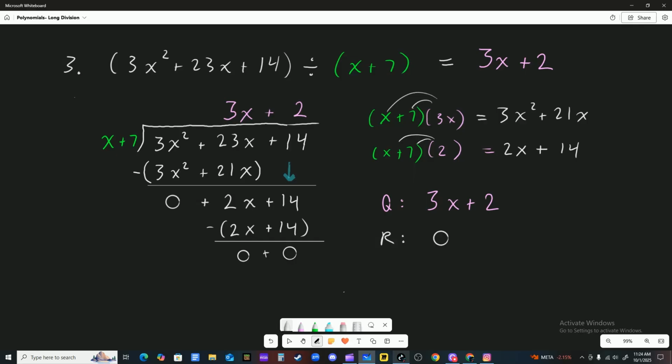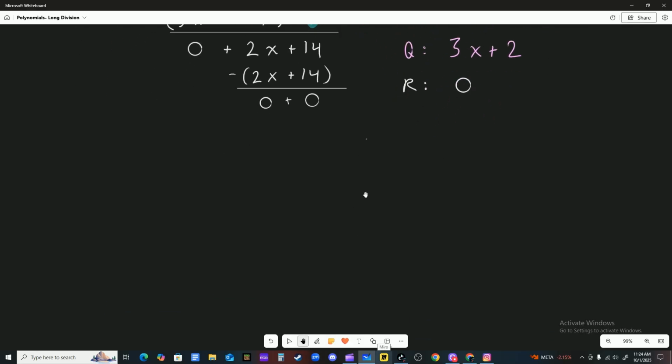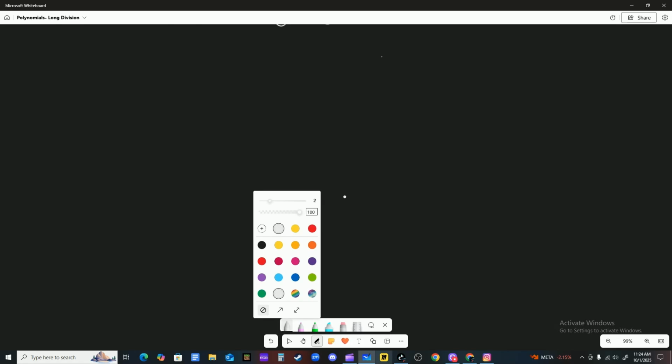Sweet. Let's move on to another example. Here I have this one, number 4. I have 4x squared minus 10x plus 6 divided by 4x plus 2.